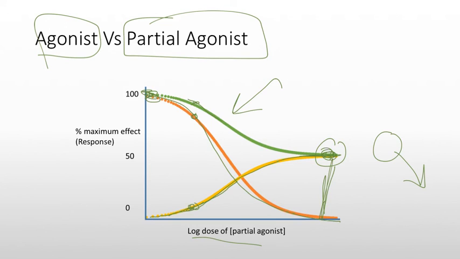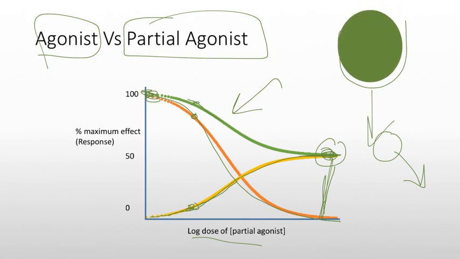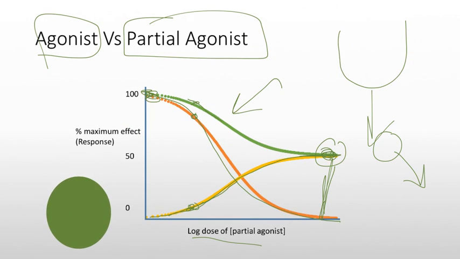So we can think of it like this. Imagine that this is my receptor, and if I had a perfect full agonist, it would fit in here like this, and as soon as that thing gets fully fitted in there, every time it causes a response to shoot down. We're not even talking about the affinity, but let's just say it has a high affinity for that as well.